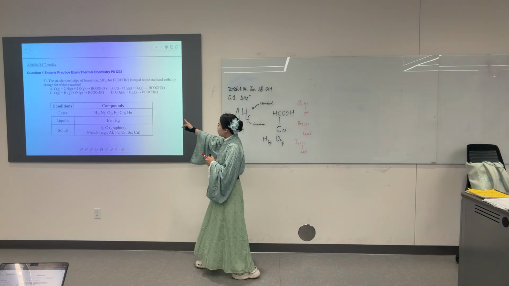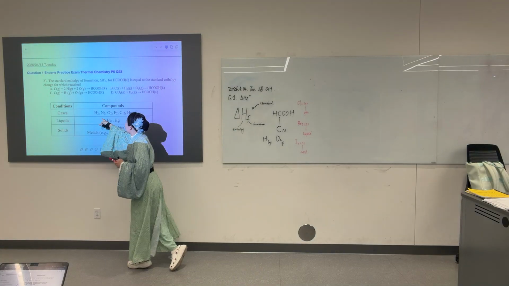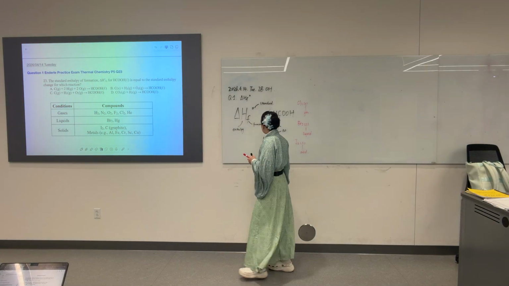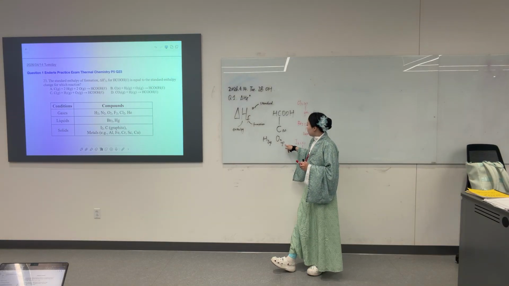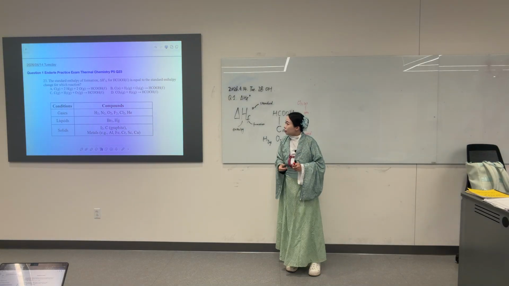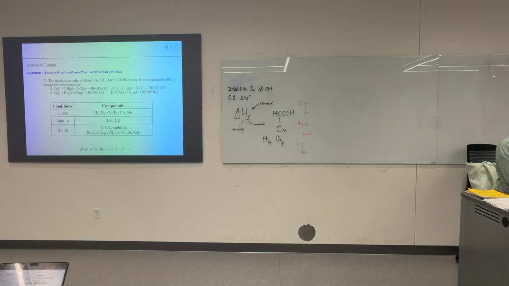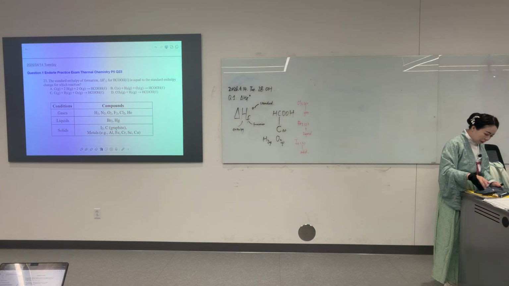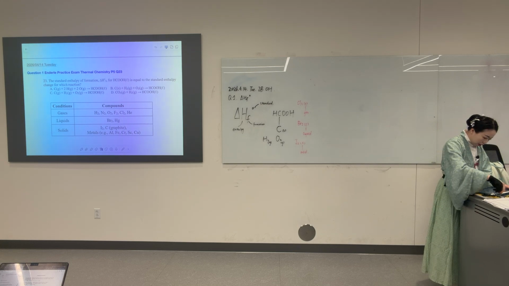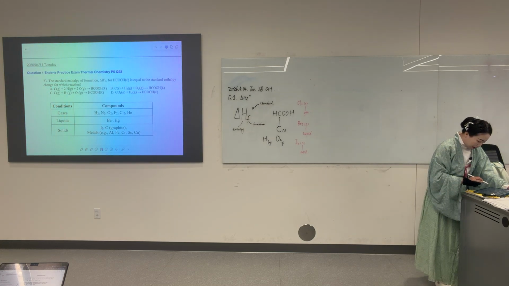Okay, as long as you see those, when you write formation, they should be in diatomic elements. So based on that, we are able to wipe out a few possibilities already.